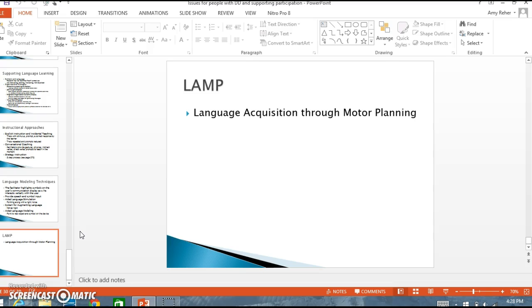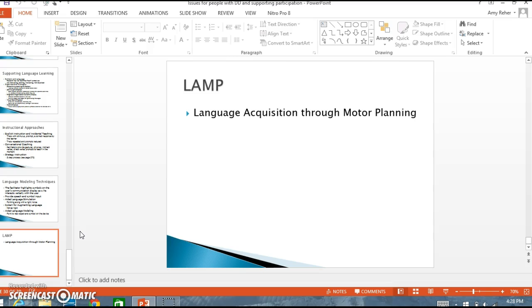But I really like LAMP, and I think that the principles behind it can be generalized to other devices, even lower tech and mid-tech things. And this is when you're teaching about vocabulary placement and how to find things through motor planning.